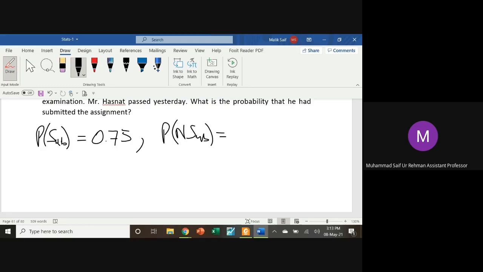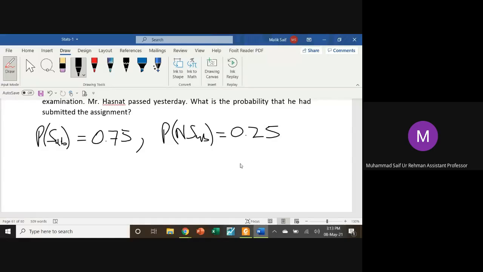So if submission is 75%, non-submission will be 25%. Complement rule: submission plus non-submission equals 100% or 1. So the remaining will be 1 minus 75%, that is 25% or 0.25.